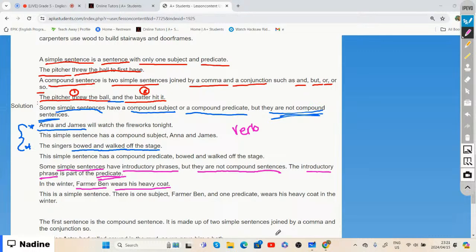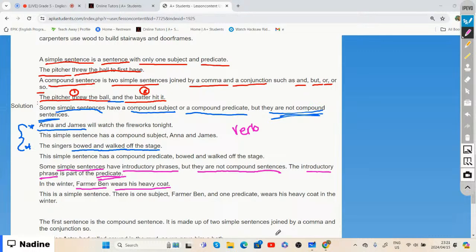And a subject is basically your noun, right? It's the person or thing that we are talking about within the sentence. And then we said a predicate, right? It's the part of the sentence that contains a verb. So it's the verb and the rest of that sentence.